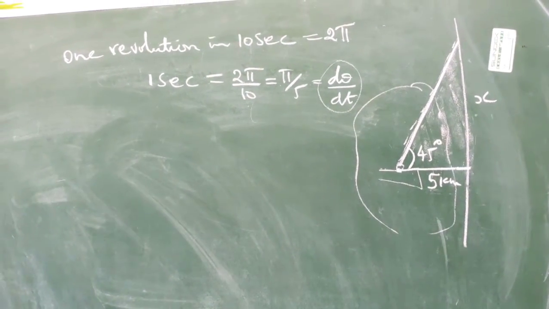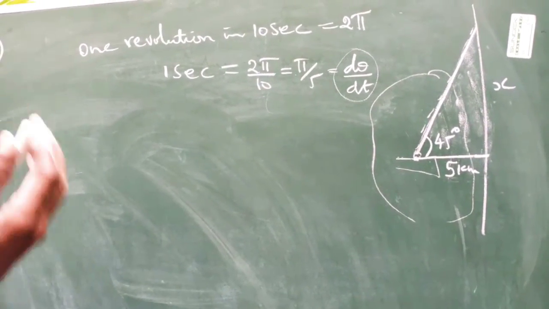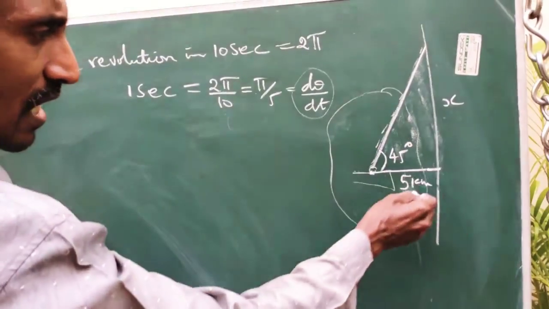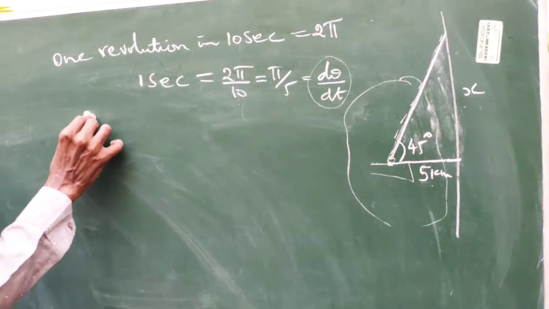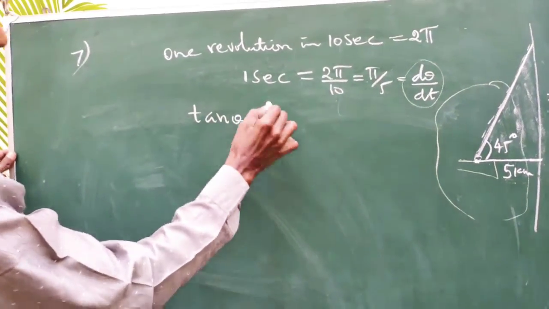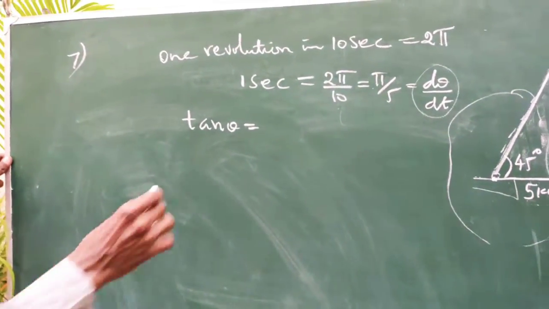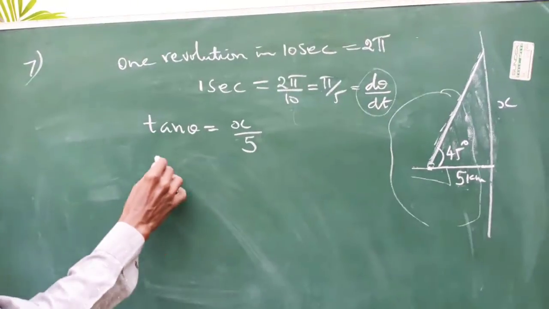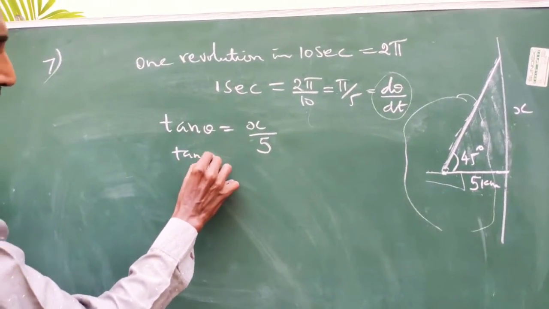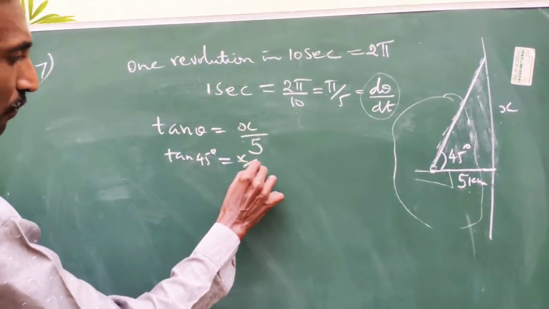Look at the diagram. What comes to our mind? Opposite side by adjacent side, so tan theta. Tan theta equals x by 5. Also theta is 45 degrees, so tan 45 equals x by 5.